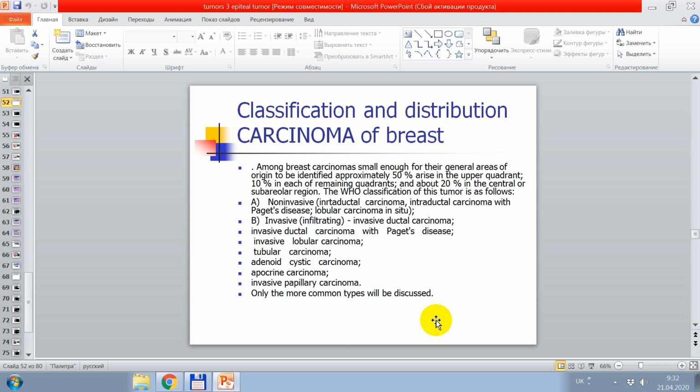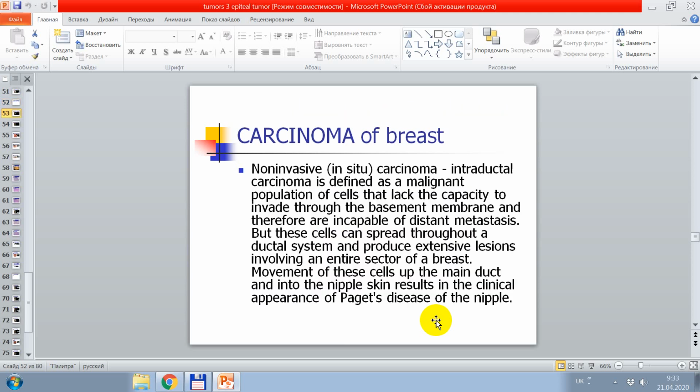B. Invasive or infiltrative: invasive ductal carcinoma with Paget disease, invasive lobular carcinoma, tubular carcinoma, adenoid cystic carcinoma, apocrine carcinoma, invasive papillary carcinoma. Only the more common types will be discussed.